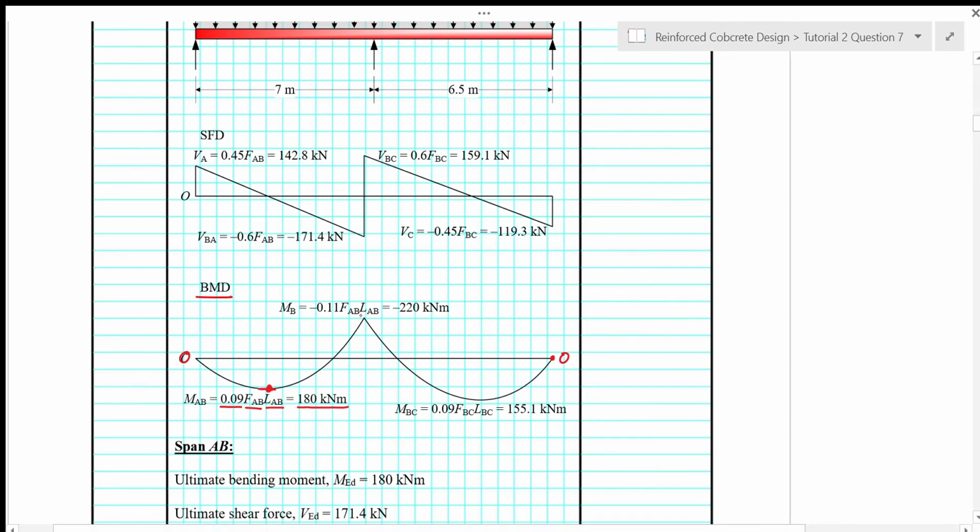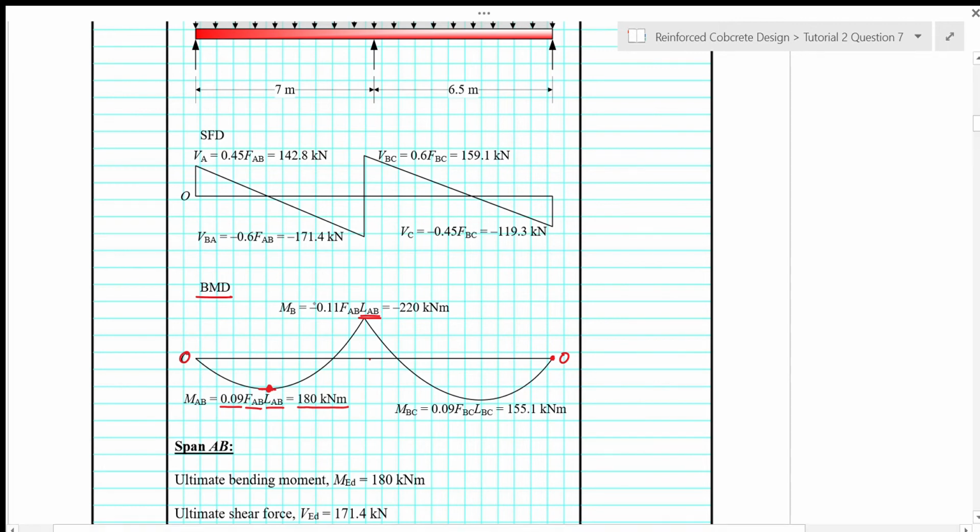And then at support B here, based on span AB we have one moment, and based on span BC, we have another moment MB. Okay, so from here we get two moments, but we choose the one that has the largest magnitude as the design moment. The one having larger magnitude will be the one with the longer span, which is span AB of 7 meters.